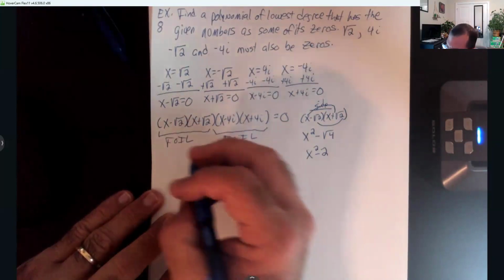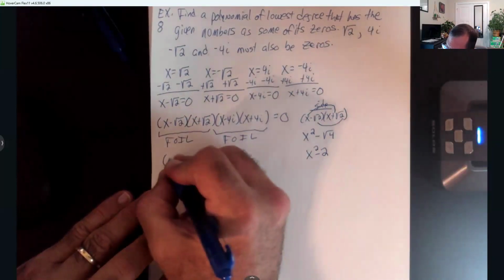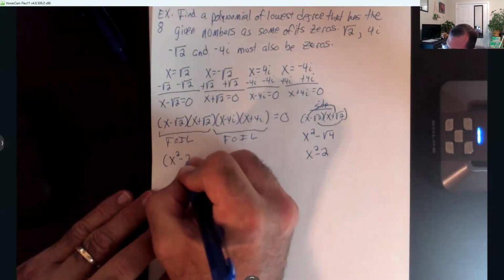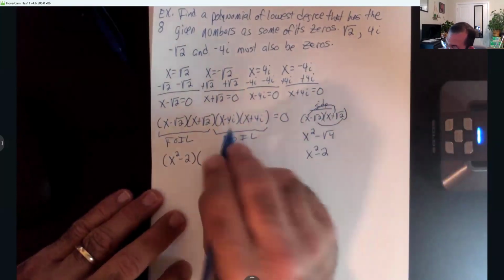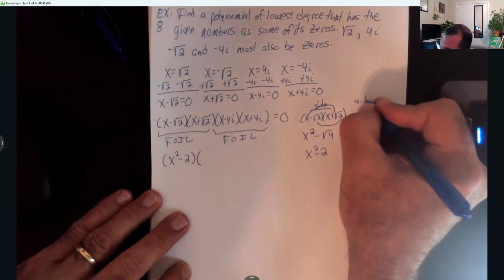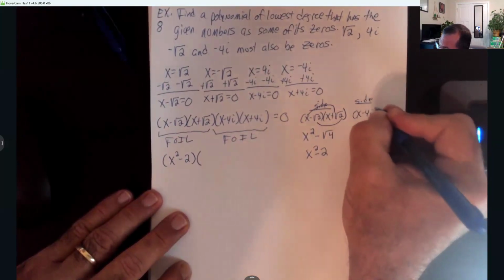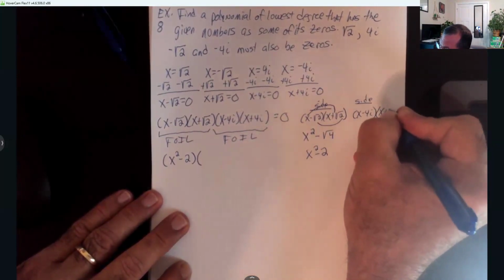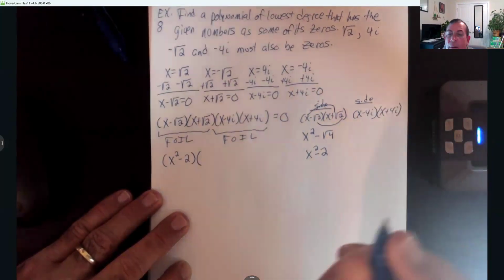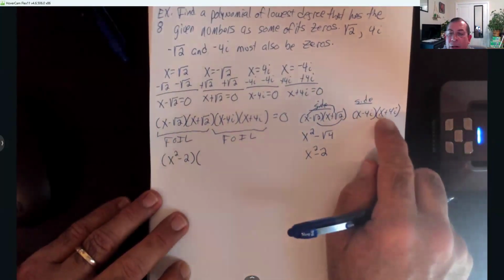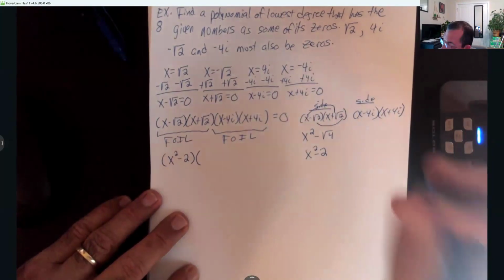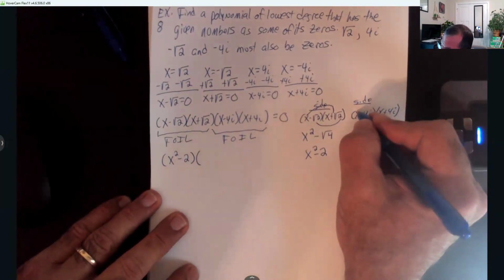So the first two gave me x squared minus 2. Now, I'm going to FOIL the last two. They're conjugate pairs. Their inners and outers are always going to cancel. So we can shortcut this.